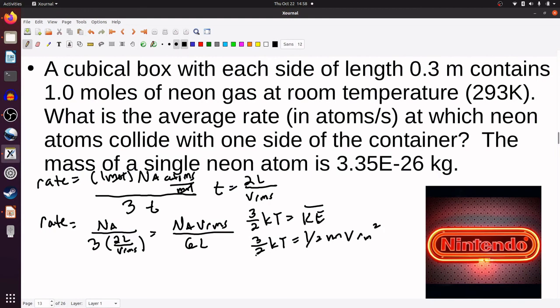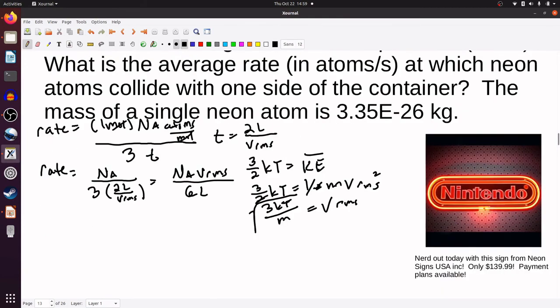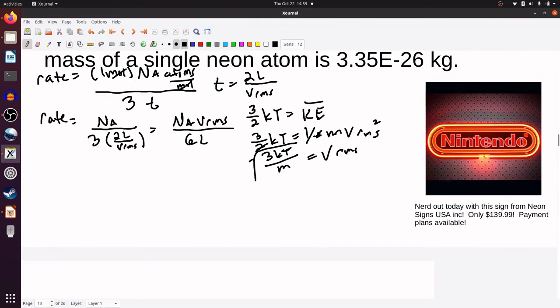So I could solve that for v_rms, and that gives me the square root of 3kT over m equals v_rms. I have a really hard time writing that S, and I apologize. All right, back over here. So that gives me rate is equal to N_A, the root of 3kT over m, over 6L.